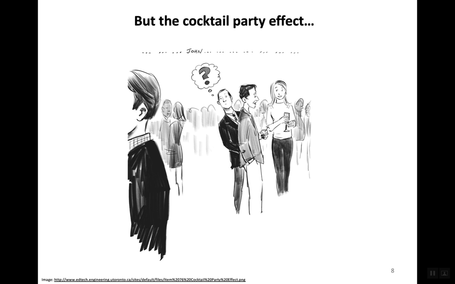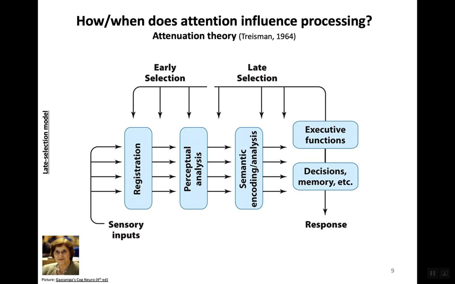So it seems that early filtering of information has its own limitations, and these limitations have led to a theory developed by Anne Treisman in the 60s. It is called attenuation theory, in that it modifies Donald Broadbent's idea of a filter that completely discards information in favor of a more subtle and more complex approach when it comes to explaining attentional effects.